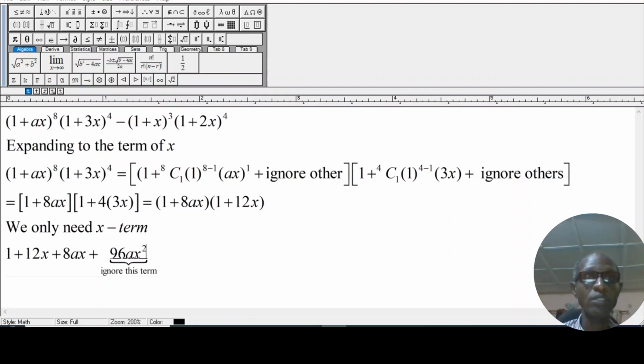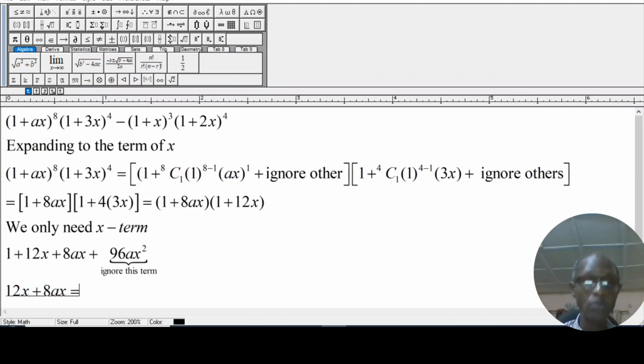What we need is just the 12x plus 8ax. Remember what the question says: find the value of a when the coefficient of x is equal to 0.